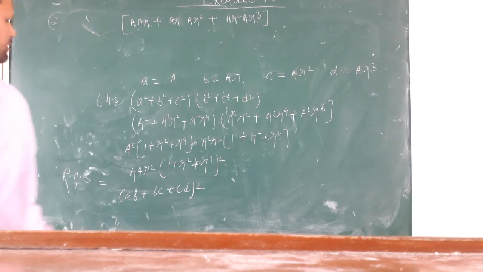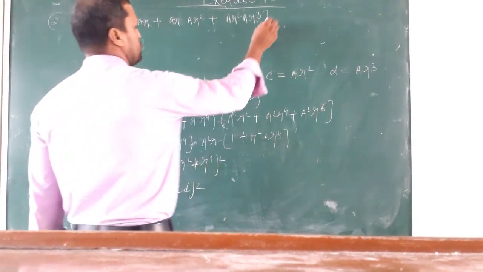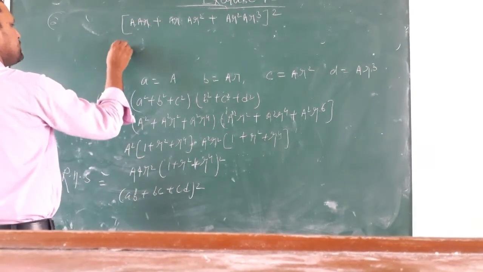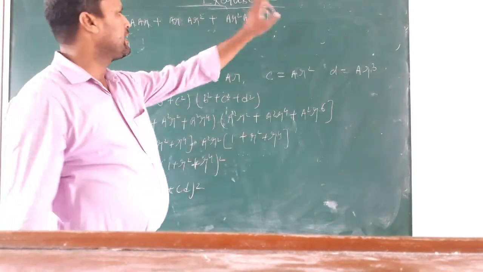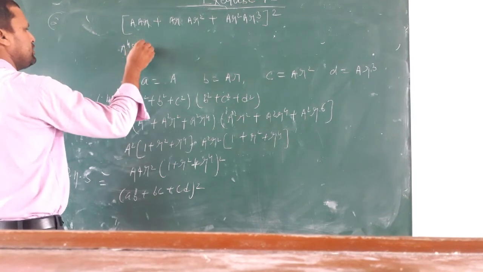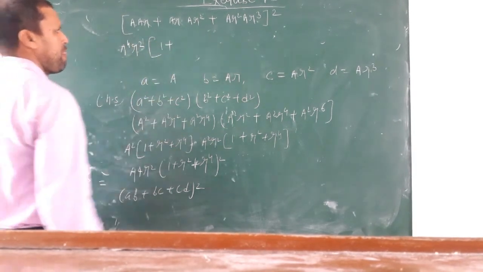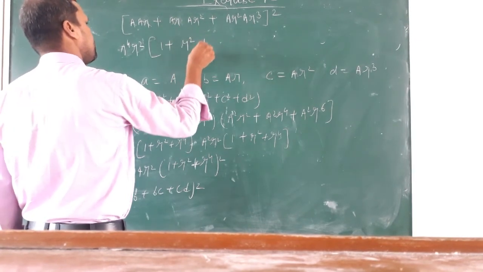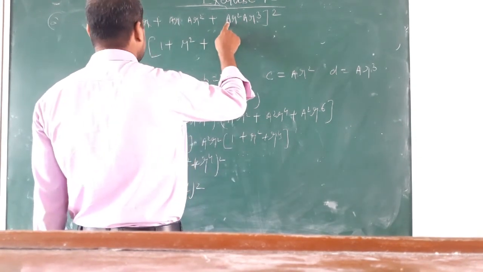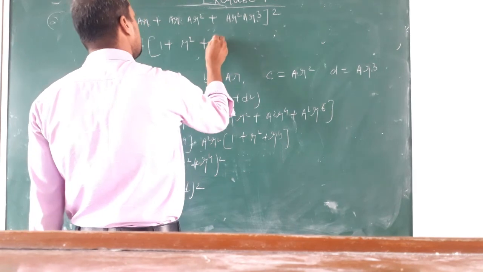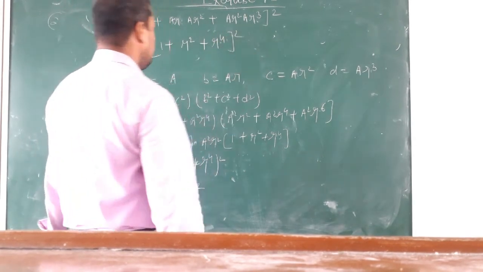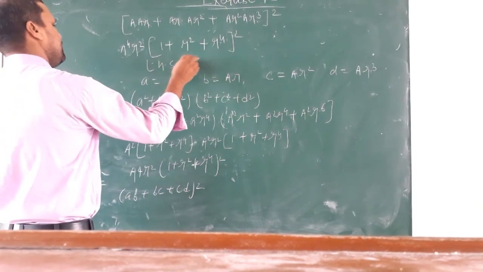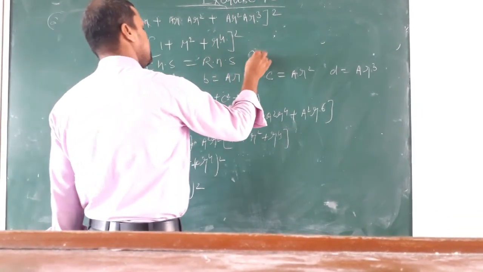So what is common? When we take A square out, it becomes A to the power 4 outside the square. Inside, this becomes 1, then R square, then R to the power 4, whole square. So LHS equals RHS.